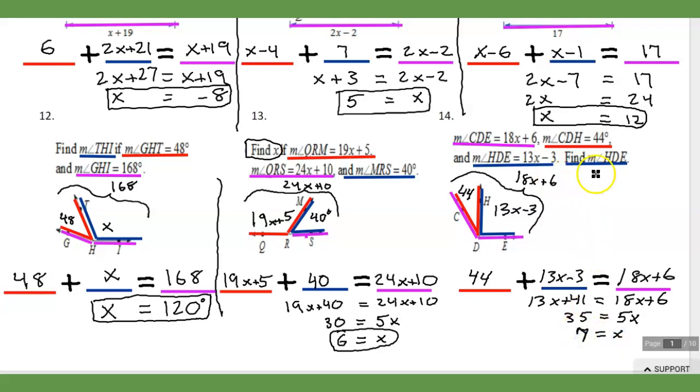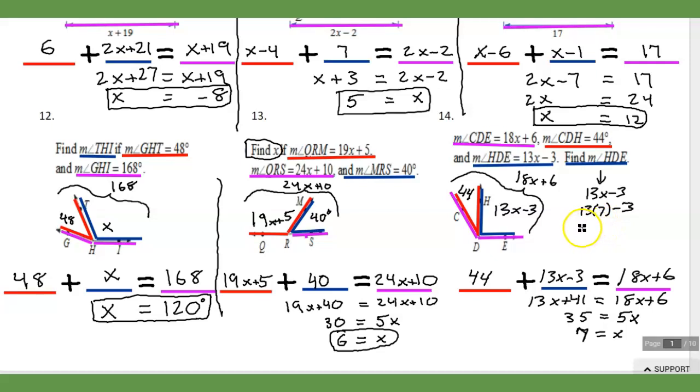Okay. Now the question says to find the measure of this angle. So this is not the final answer. So our final answer will be the measure of HDE, which is 13x minus 3. So, and now we know x equals 7, so that's going to be 13 times 7 minus 3.